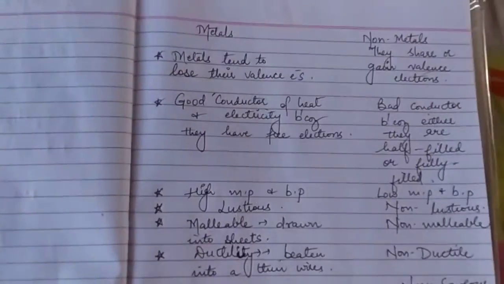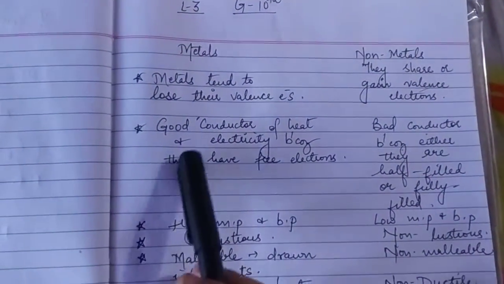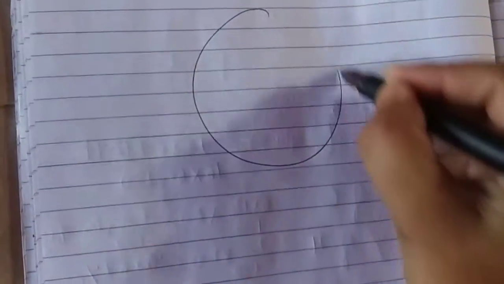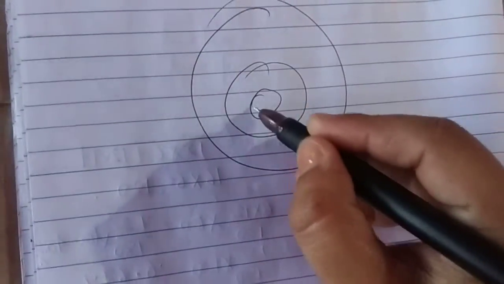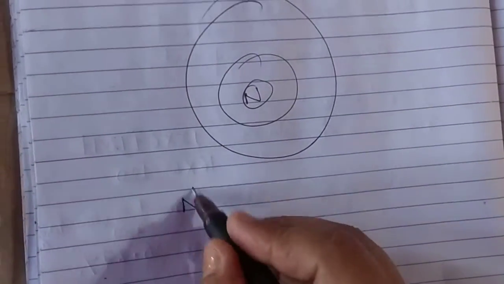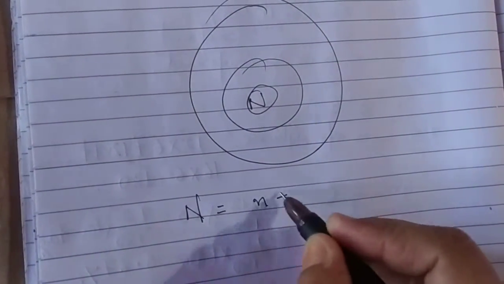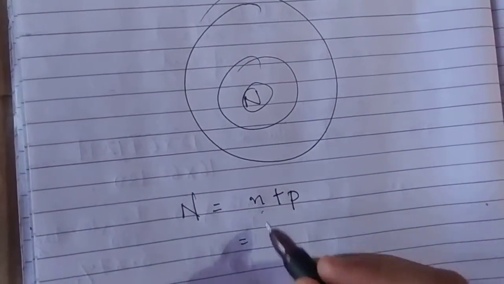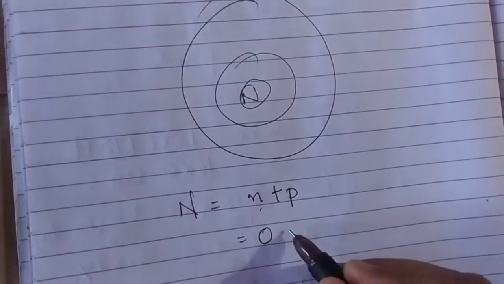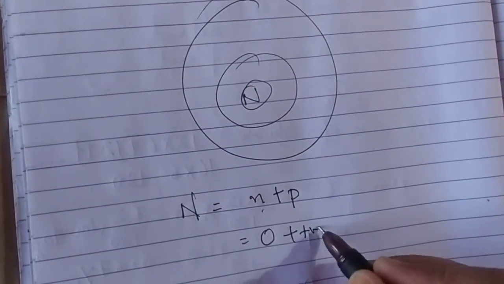As you can see here, metals tend to lose their valence electrons. So what do you mean by valence electrons, students? Suppose here is the atomic structure they have given. In the center, the nucleus is there, capital N. It consists of neutrons plus protons. Clear? The charge of a neutron is 0 and the charge of a proton is positive.